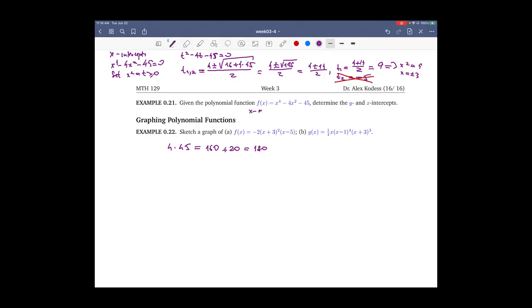So x-intercepts are at (negative 3, 0) and (3, 0). The y-intercept: if you substitute 0 for x, you will get negative 45. So the y-intercept is at (0, negative 45).